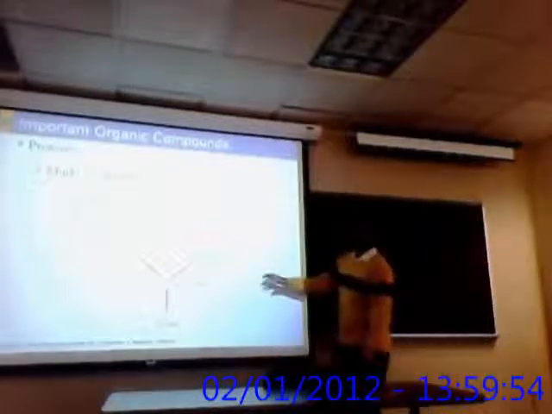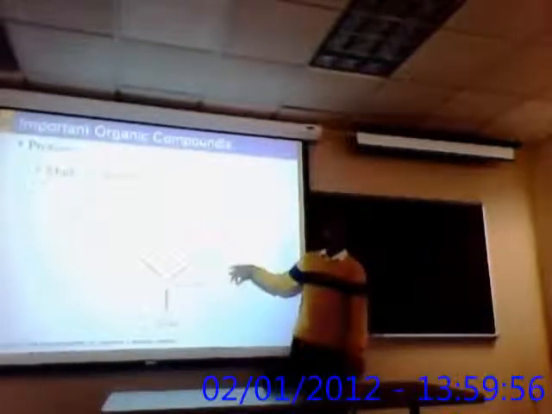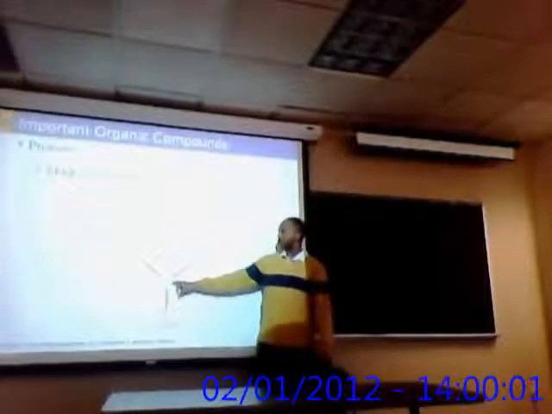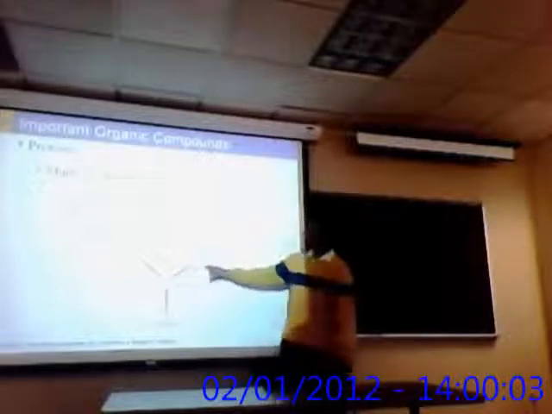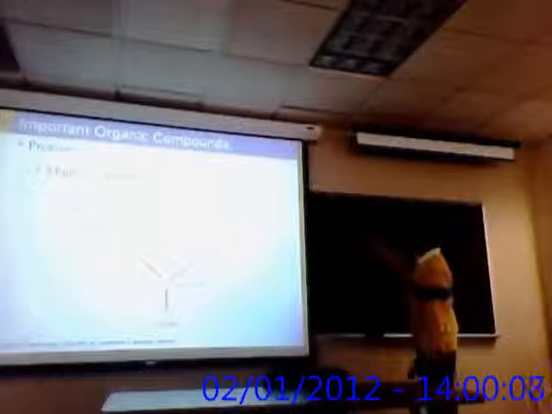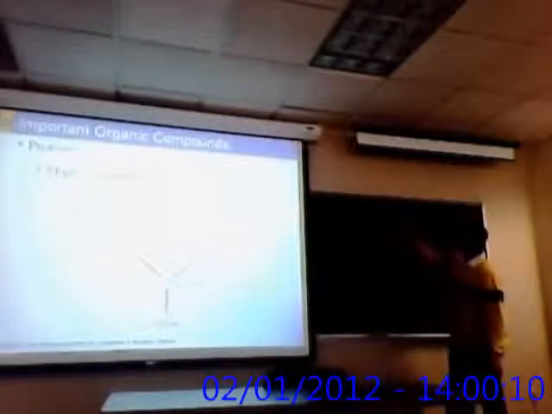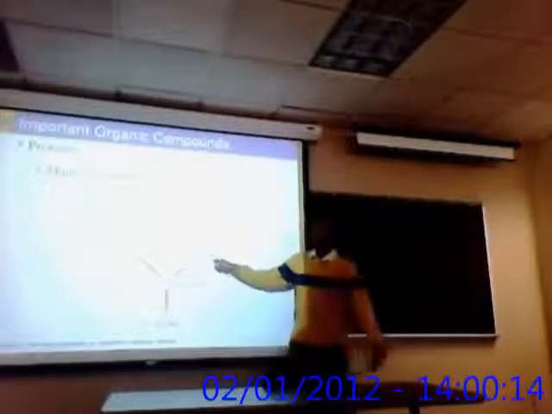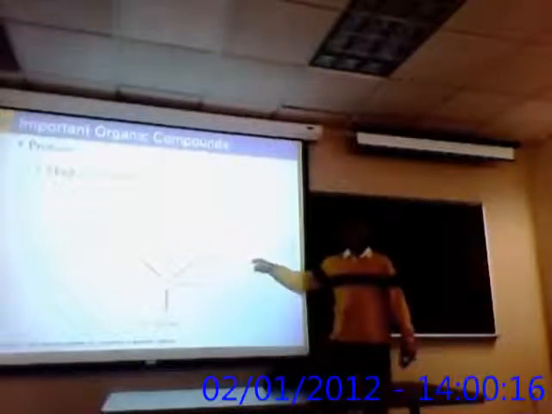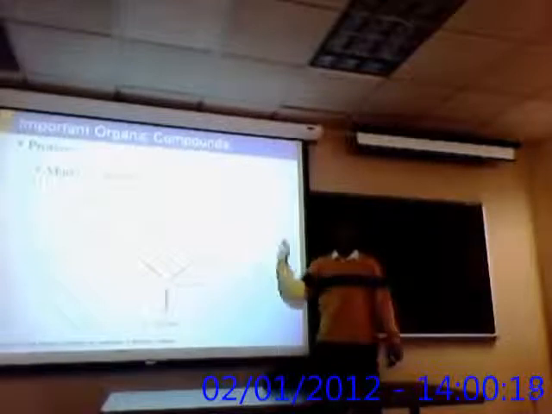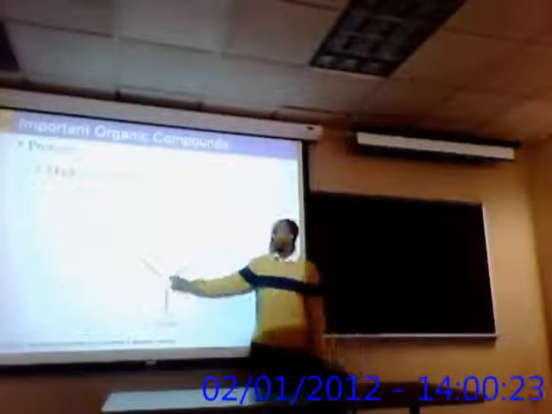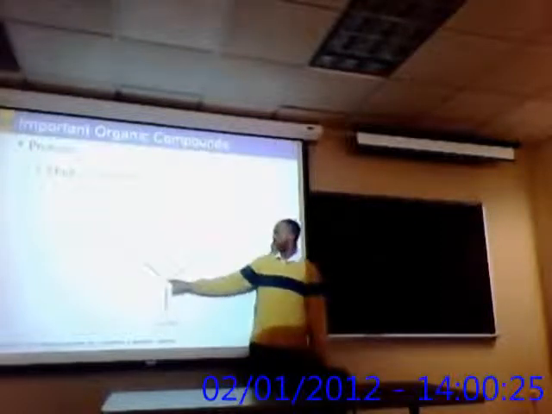All amino acids have this basic structure. There's a carbon bonded to a hydrogen, and off that carbon there is what's called a carboxyl group. For those of you who had chemistry, you may remember something that looks like this. That's COOH. This hydrogen can come off, and that's what makes it an acid. Remember, anything that donates hydrogen ions is an acid. Then you have this amino group attached to this carbon.